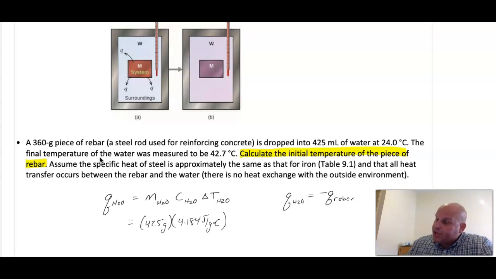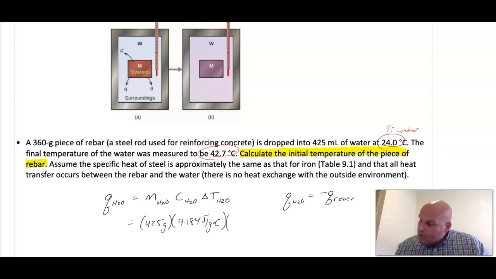And the temperature change of my water, I can see here that it's dropped into 425 mL of water at 24 degrees Celsius. So that's my T initial of water. The final temperature of the water was measured. There's my T final of my water. So I can subtract those two and get my change in temperature of the water.